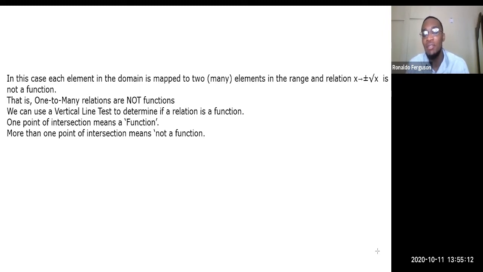Then we look at the types of relation: one-to-one, one-to-many, and many-to-one. We said that a one-to-one is a function, a one-to-many relation is not a function, and a many-to-one relation is a function. So that's a review so far of what we've done. All right.